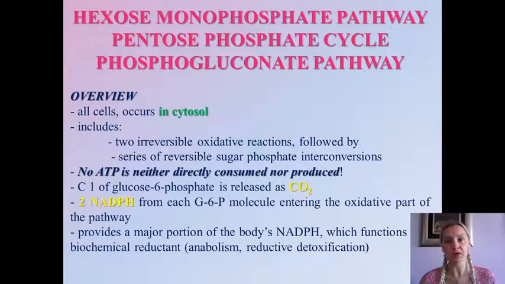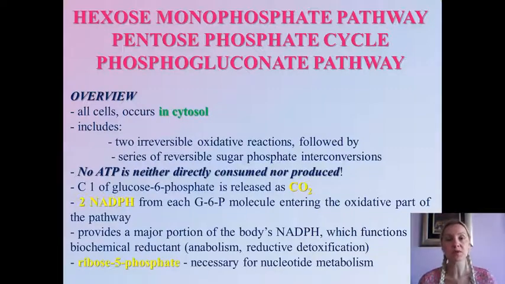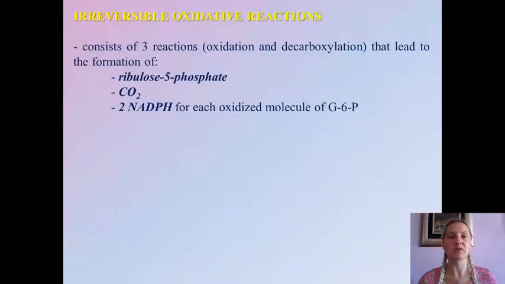Its role, and we're going to see that in a couple of minutes, is to serve our cells as a biochemical reductant for biosynthetic pathways or in processes of reductive detoxification, which are going to be explained later. Also, one of the products of this pathway is ribose 5-phosphate, which is a necessary precursor for nucleotide metabolism. So multiple purposes of this metabolic pathway, and let's start from the beginning.